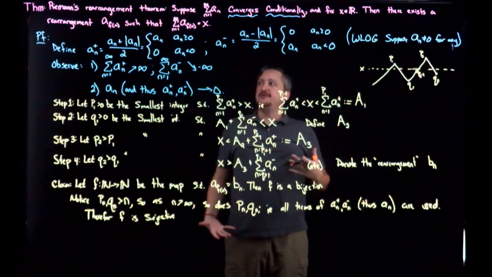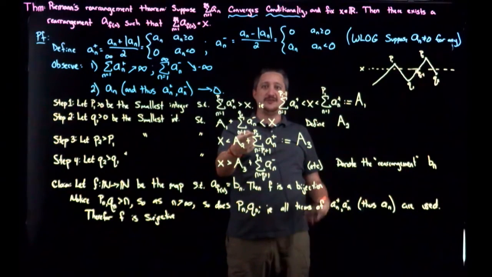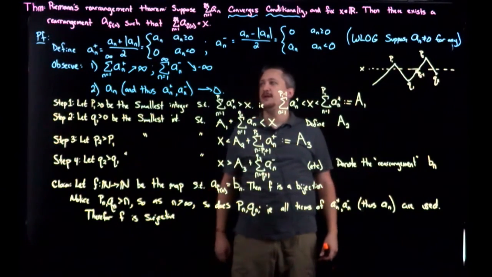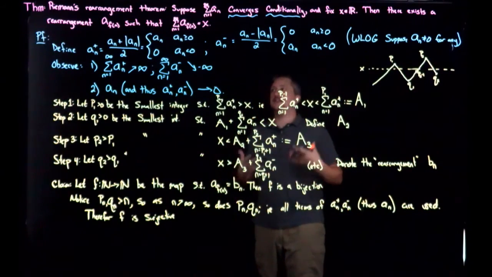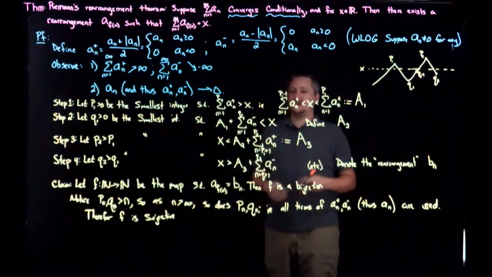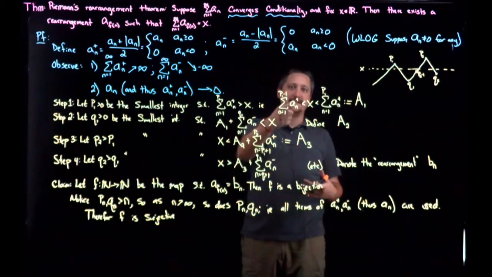So if a5 is positive, then I'm going to find it between one of these things, right? So if P1 is 2 and P2 is 7, then my A5 is showing up right in this sum, right? Because it's adding up from 2 plus 1 is 3 up to 7, so A5 is here, meaning that all of the ANs are actually used, but they're only used once. Because if it's A5, I know exactly where A5 is. It would be here if it's the positive thing. It's not here and here, or here and there, right?